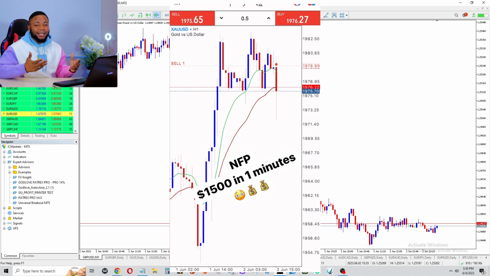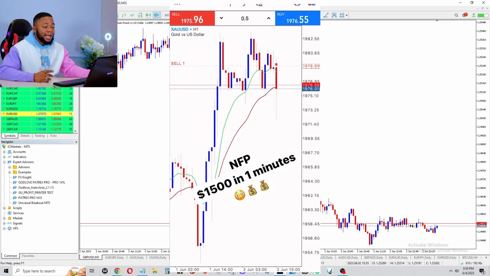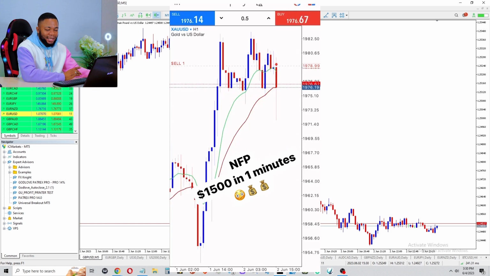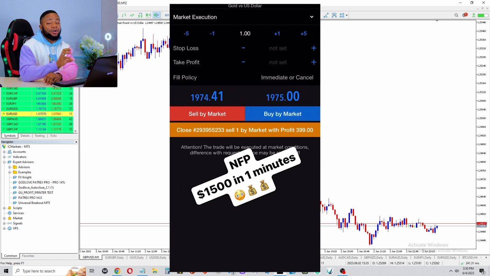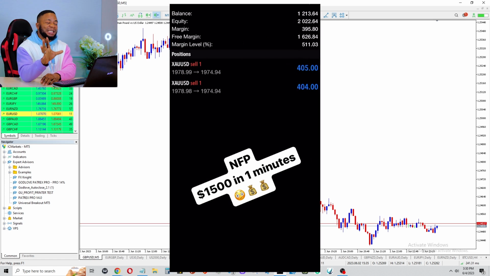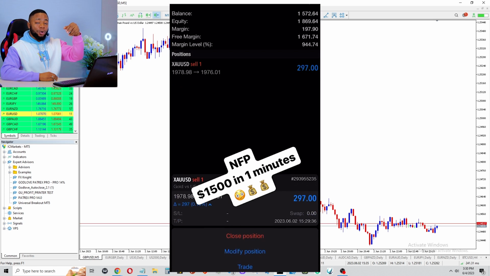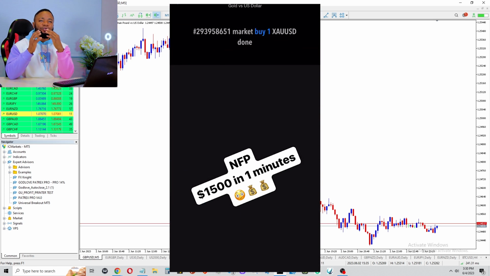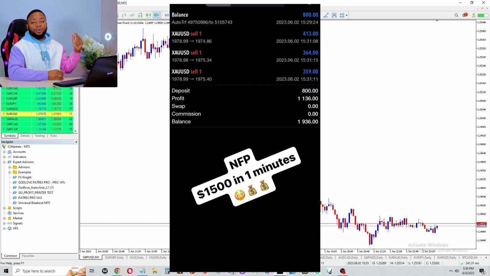So as you guys can see, this is the same trade I took last week, and this is the same setup you are seeing here. All right, that trade was on gold. And remember, anytime if NFP comes out and is positive for the USD, it is negatively correlated with gold. Meaning, if the United States dollar is going up, gold will be going down. So if USDJPY is going up, gold will be going down, because gold is XAUUSD.